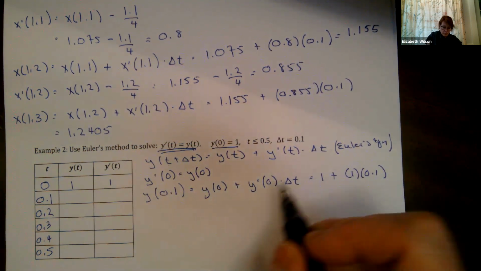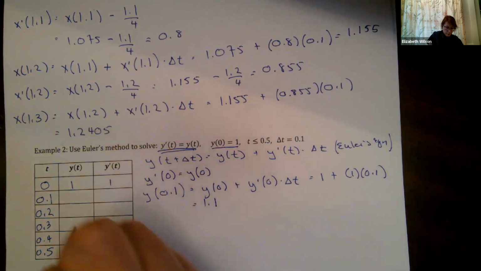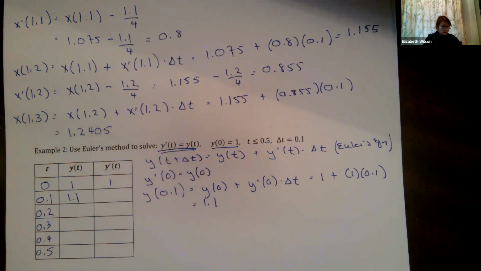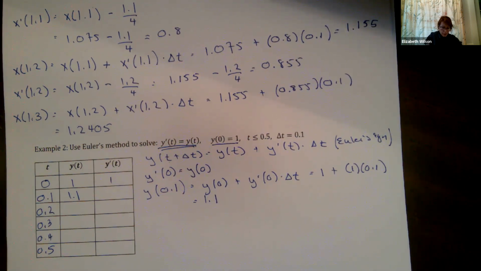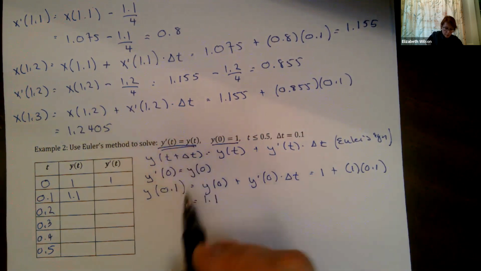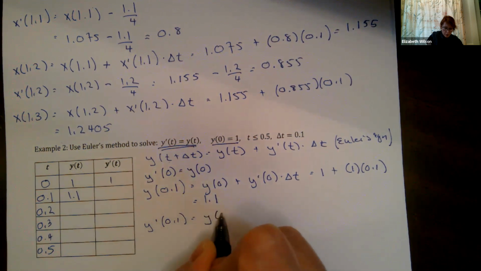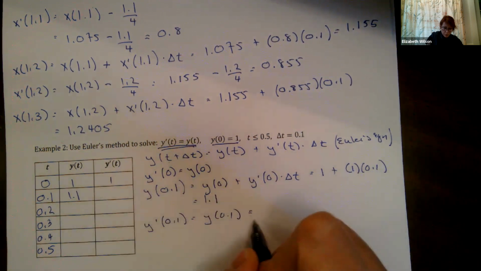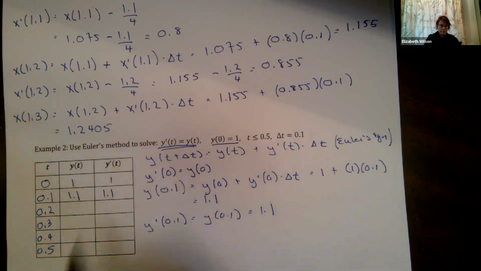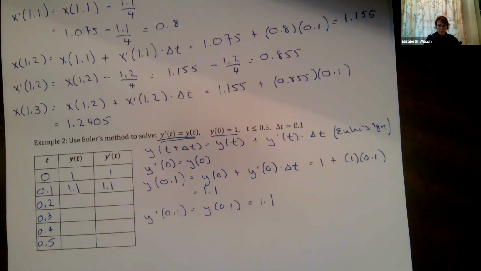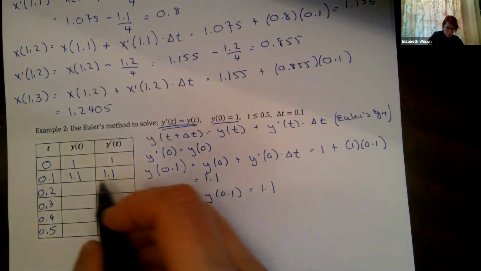So this is equal to 1.1. Now we were told y prime equals y, so y prime of 0.1 equals y of 0.1, which is equal to 1.1. So I'm just going to plug in that.